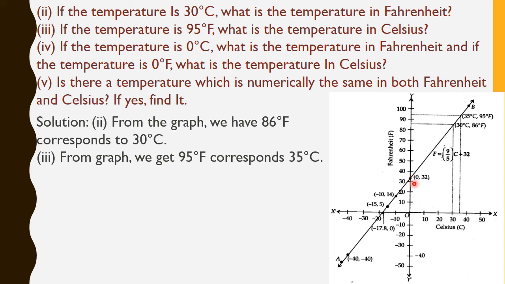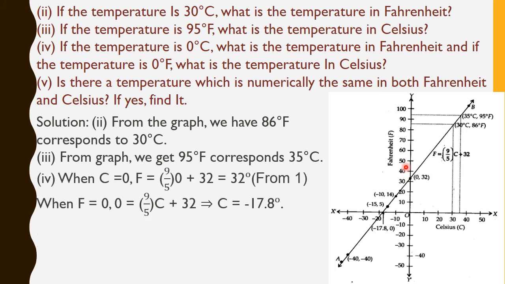So we have directly got the value of the y-axis as 32. So we can say for x equals to 0 or 0 degree centigrade, we'll get 32 degree Fahrenheit, or y equals to 32. So we can write it as well. If we calculate, we'll also get Fahrenheit equals to 32 for C equals to 0.